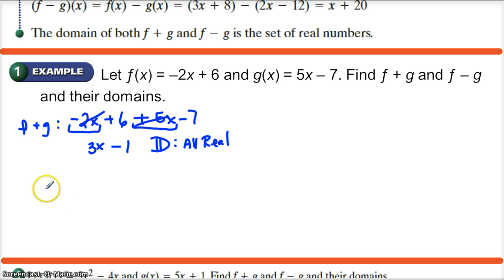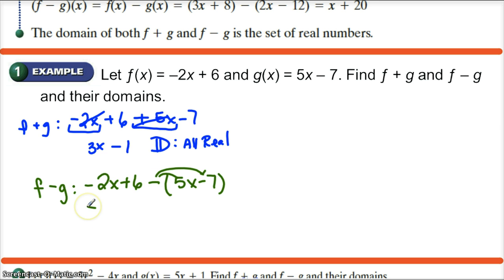Okay. F minus g is the same as negative 2x plus 6, and then minus, and I'm putting this in parentheses so that I don't forget to distribute this minus. We got to distribute it here, and we also have to distribute it here.